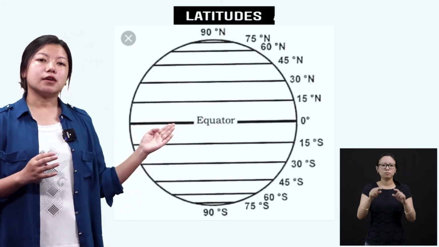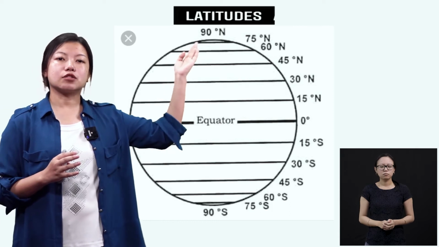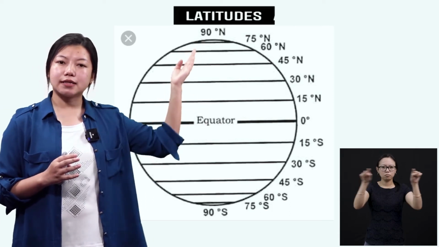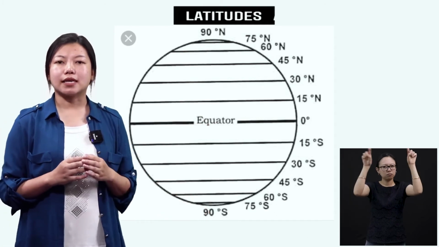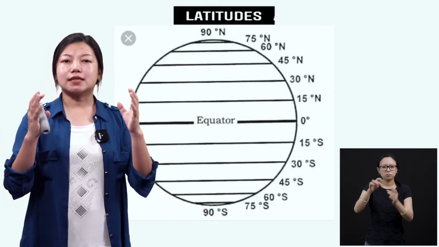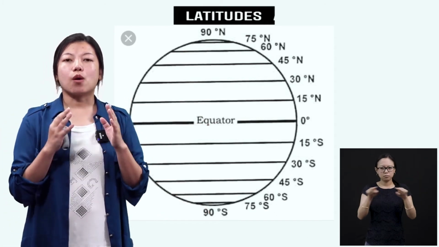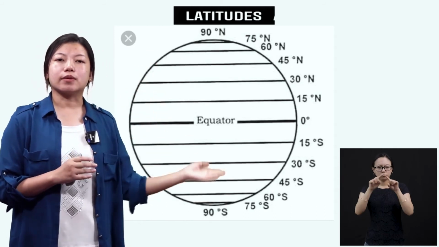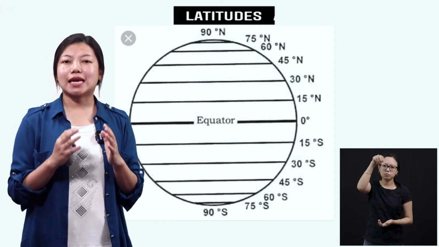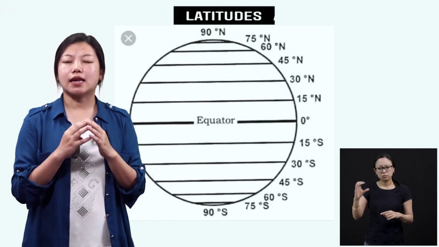Now from here till top is 90 lines, and then from here till the bottom is 90 lines. Now when you add 90 plus 90, it is 180, right? So altogether we have 180 lines in a latitude.